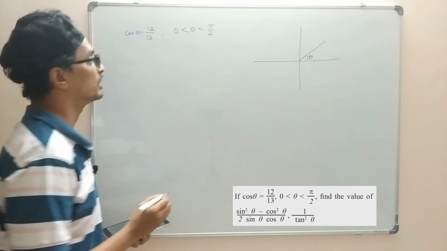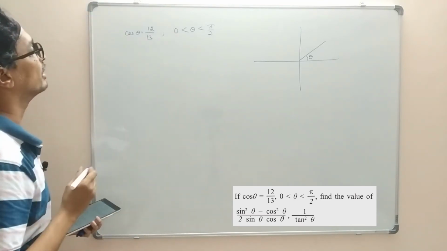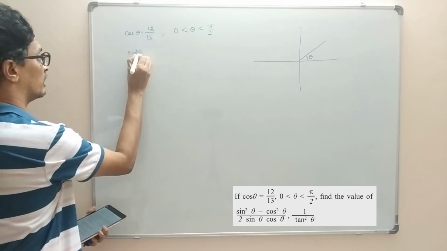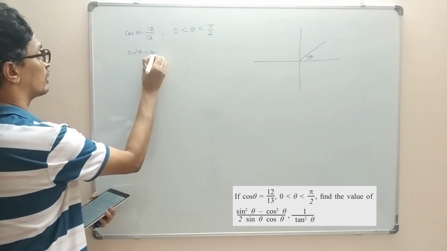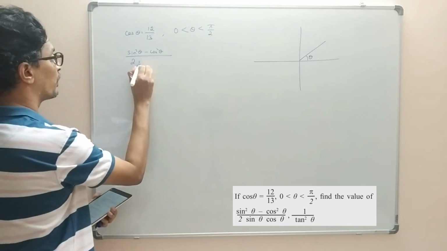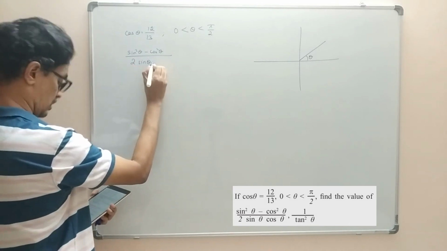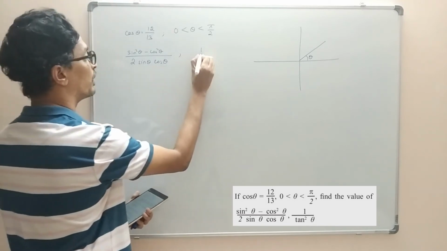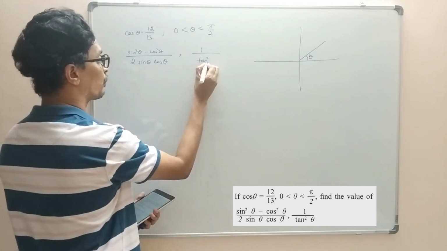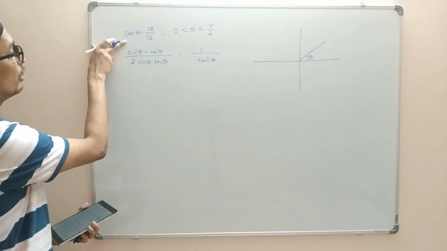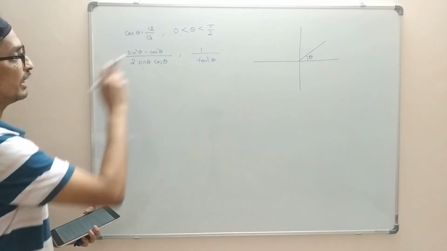Okay, first quadrant. Now they have given cos theta. What we want to find is (sin square theta minus cos square theta) divided by 2 sin theta cos theta, and 1 by tan square theta. We have cos theta, so all we have to find is sin theta and tan theta.